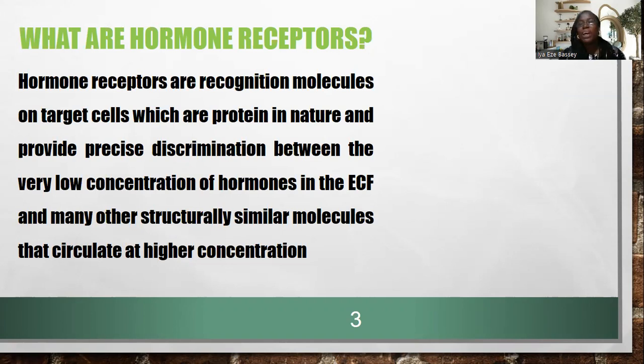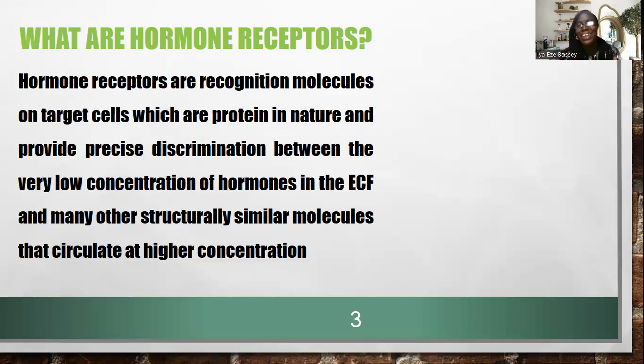Remember that in the former videos, I had said that the hormones have a particular interesting characteristic, and that is that they bind specifically to specific cells and have specific action on those target cells to which they bind. And that property is possible because of the ability to bind to what is called hormone receptors.